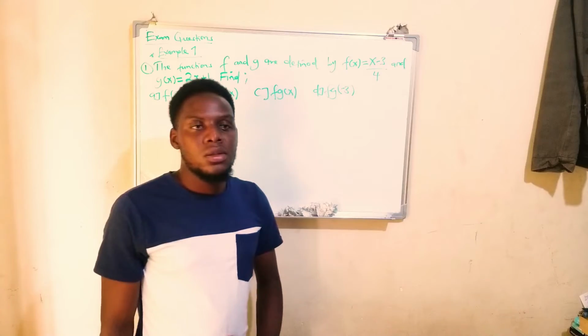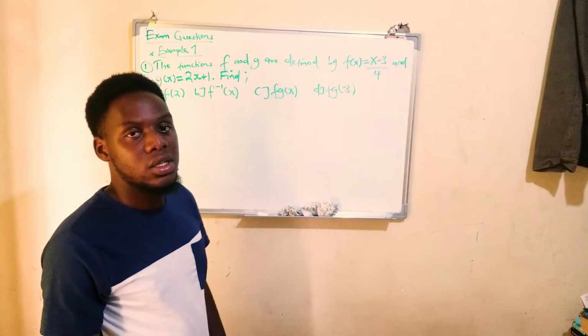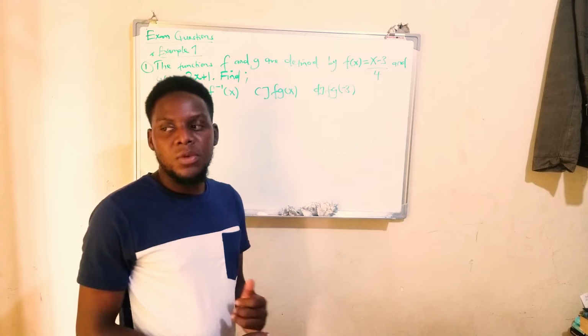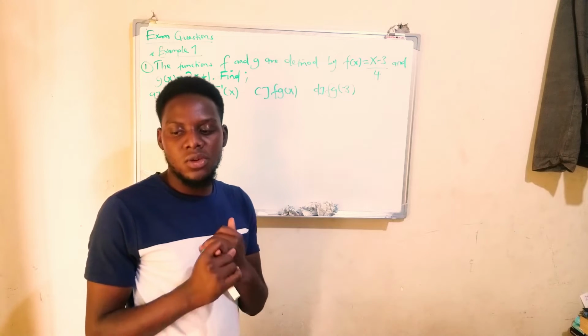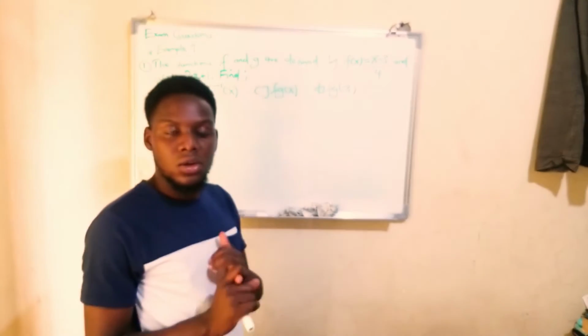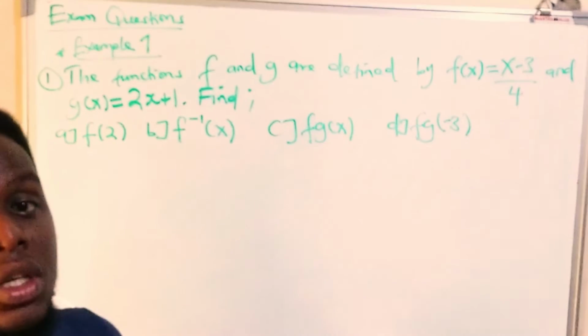Okay, now that we have looked at how to find the inverse function and the composite function, keep in mind that the inverse function is concept 1, whilst the composite function is concept 2 of this video. Now we're going to look at exam questions.